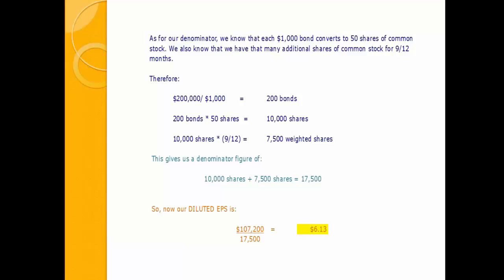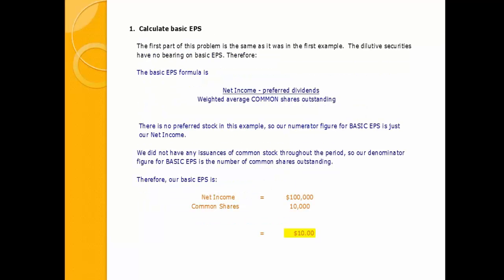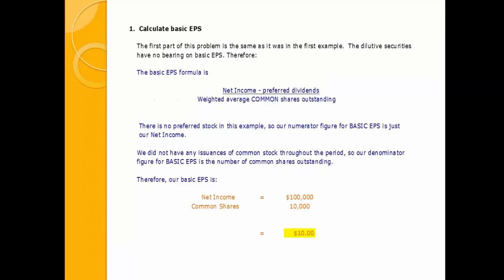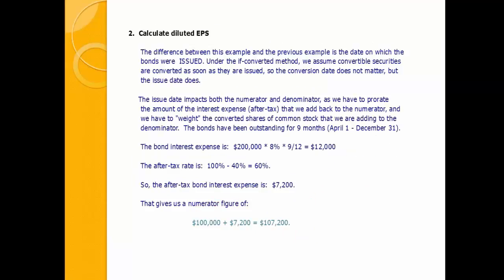And hence the numerator is $107,200 as opposed to the number that we had before, which is $109,600. Let's go back over here. In this case, what we have is $107,200.